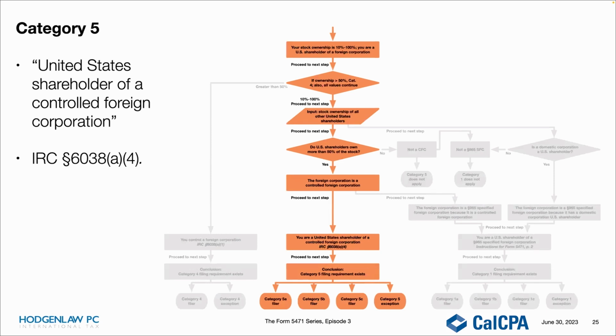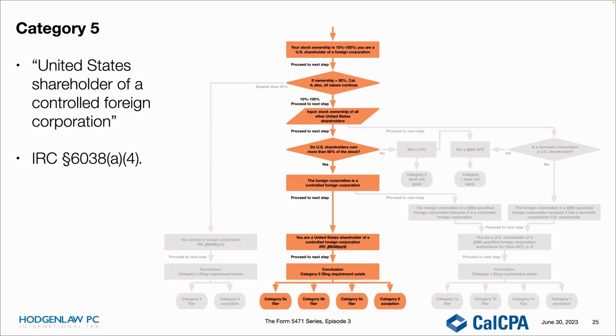So we're going to take your information, you know how much stock you own, and this information about the stock ownership of all of the other United States shareholders, and we're going to ask: do all of you United States shareholders put together own more than 50% of the stock of this foreign corporation?